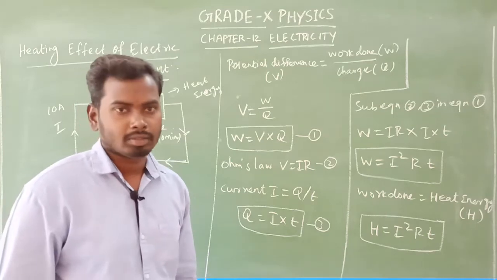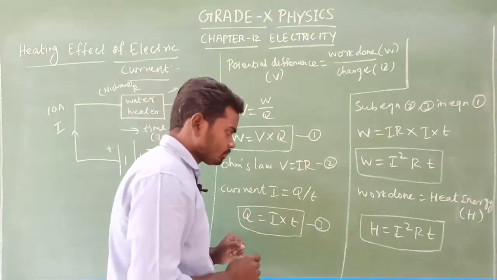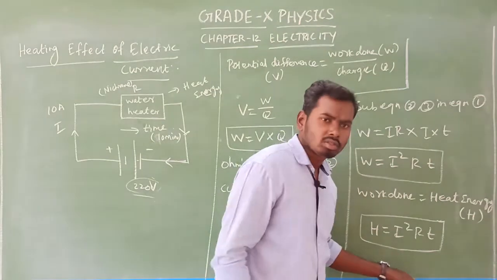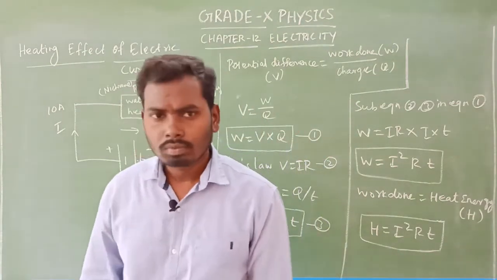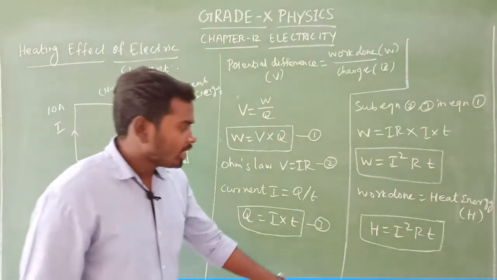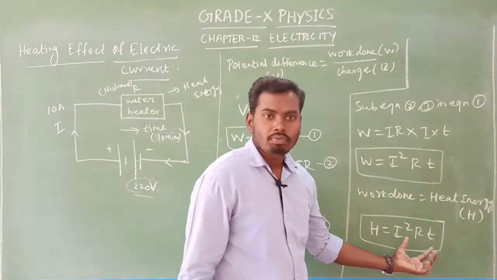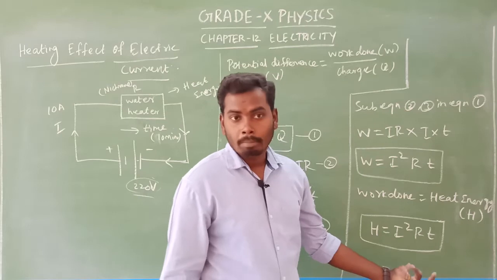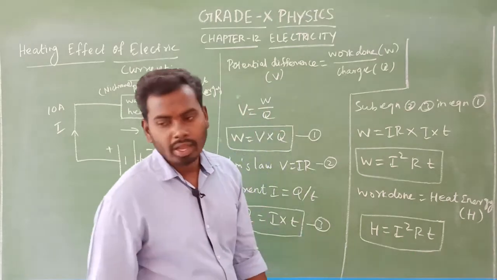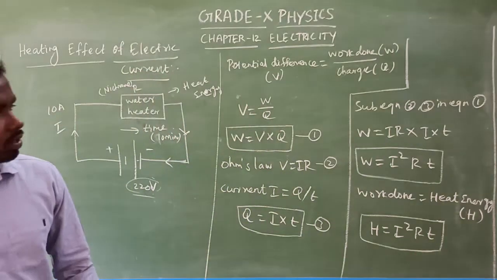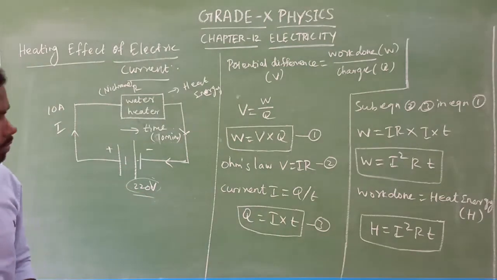Yes. So the next question arising here: sir, who found this formula, sir? This formula, which means this relationship, was found by James Prescott Joule. Okay, who's that, sir? James Prescott Joule.